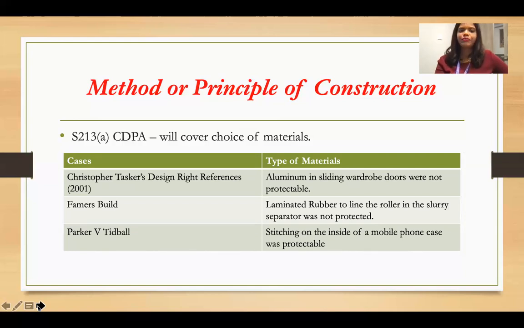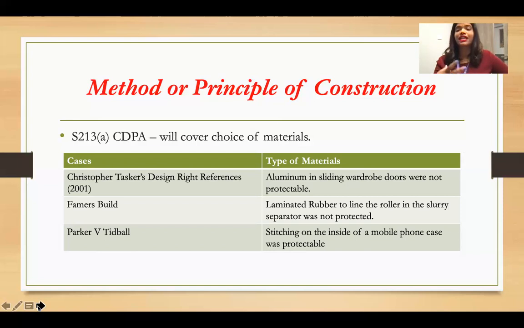Example, in the case of Christopher Tusk, the courts held that the aluminium sliding in the wardrobe doors was actually not protected. Okay, they didn't protect this, but this will cover choices of material. You can protect certain choices of material. For example, say I am the one who is going to use aluminium in my microwave.